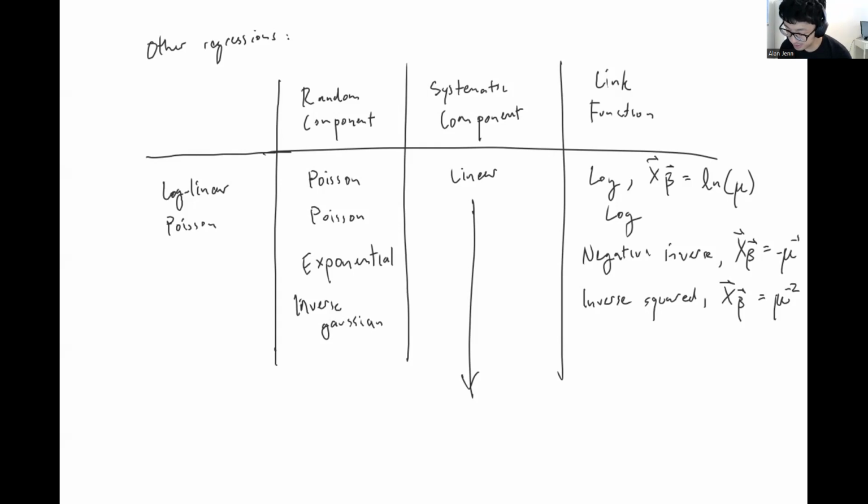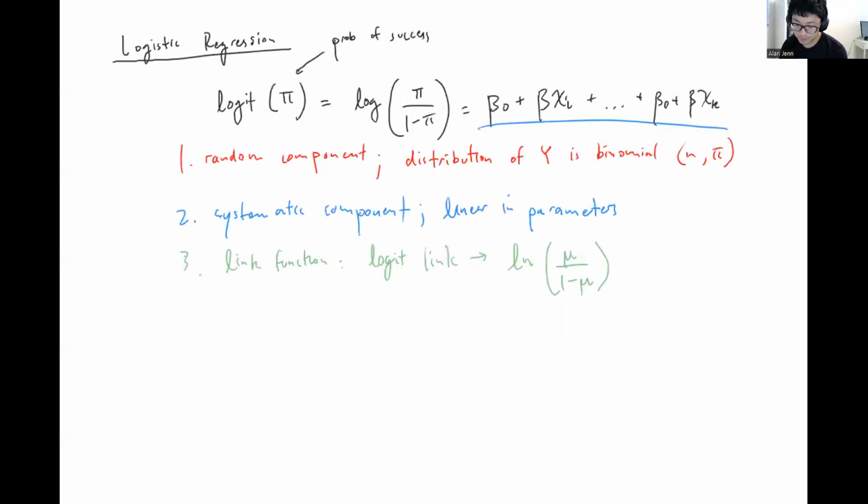Okay, in the logistic, it is the distribution of Y, which is binomial.